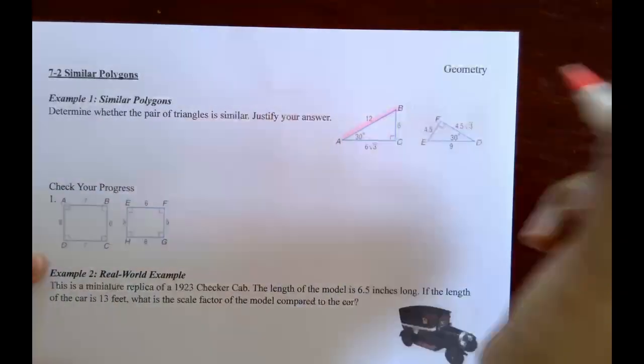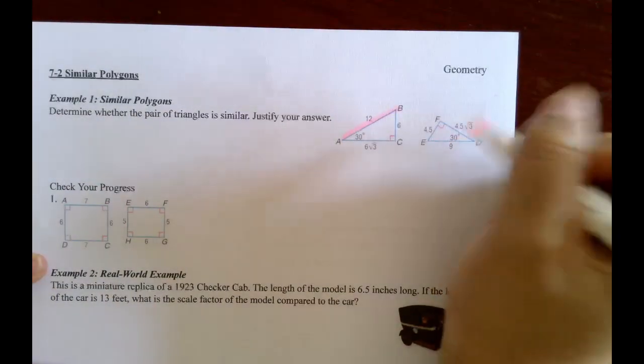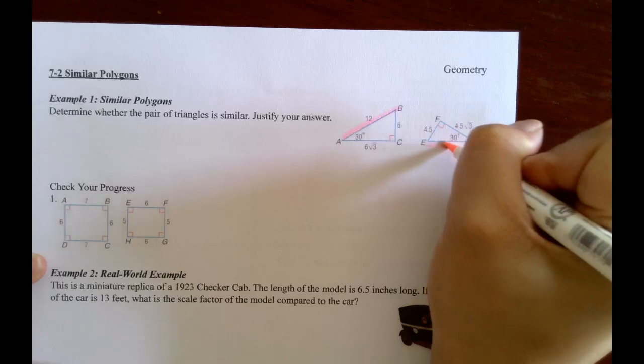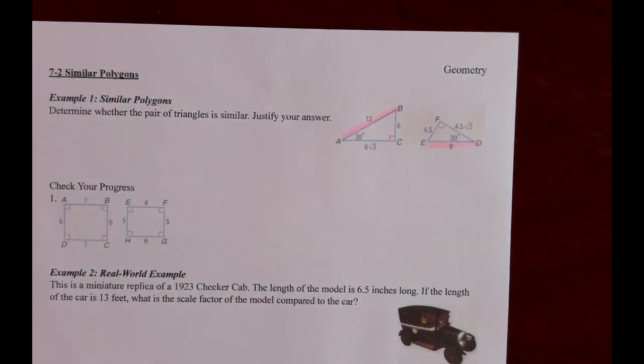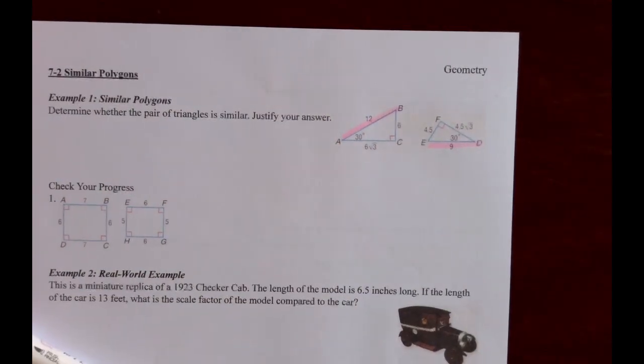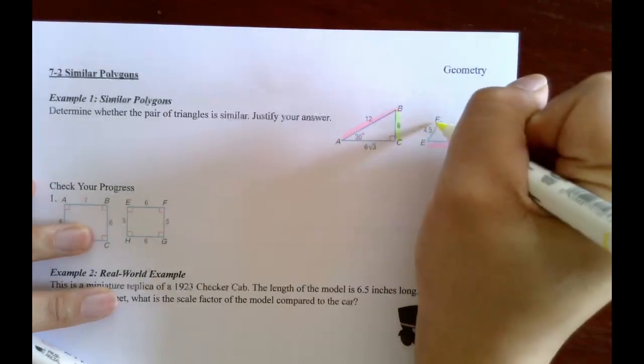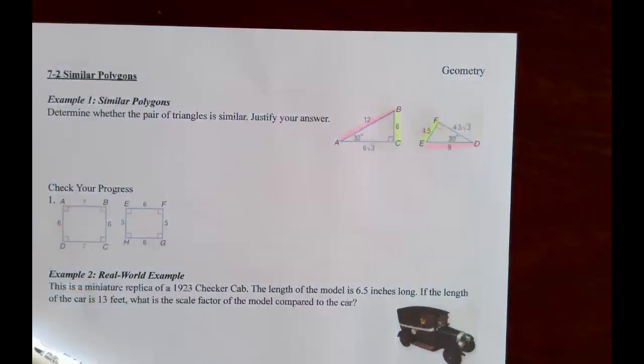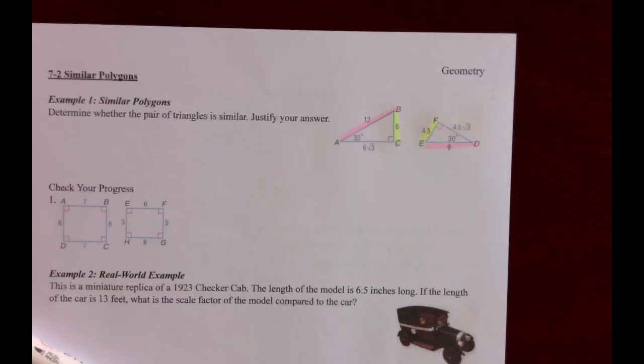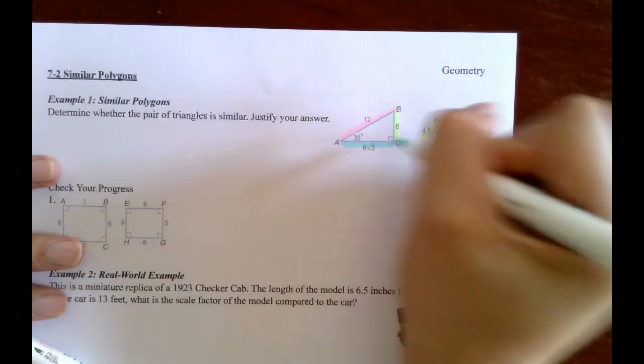If they are similar, it should correspond to the longest length here, which is 9. Then the shortest side here is 6, and that would correspond to the shortest side here, which is 4.5. And then the medium side would be this and this.